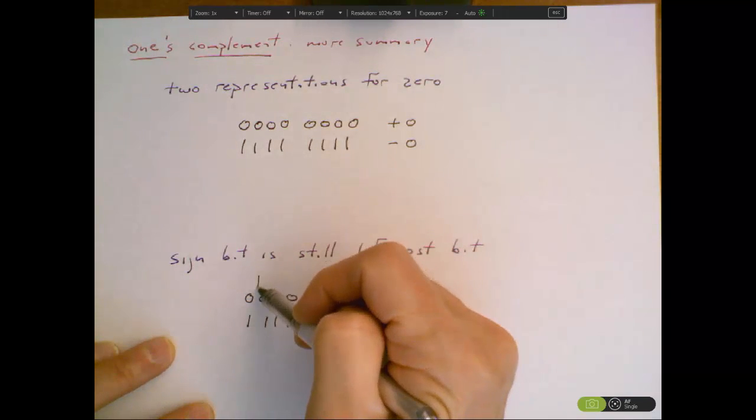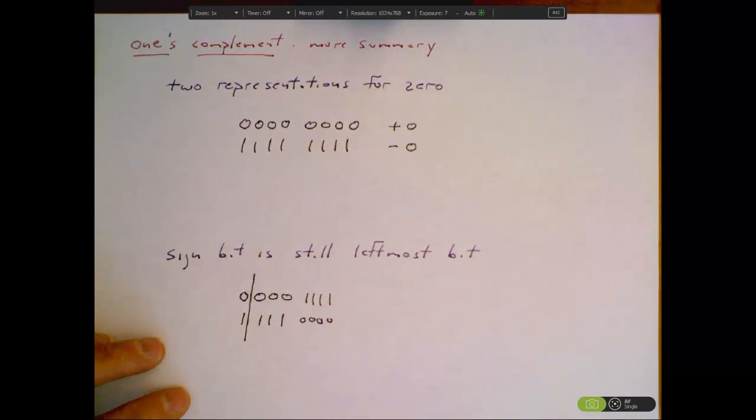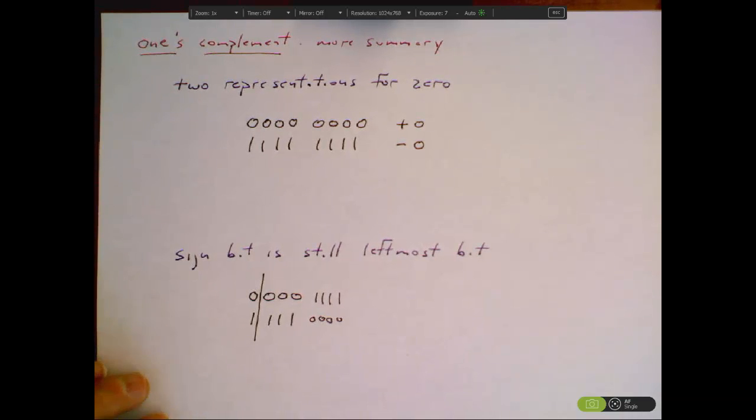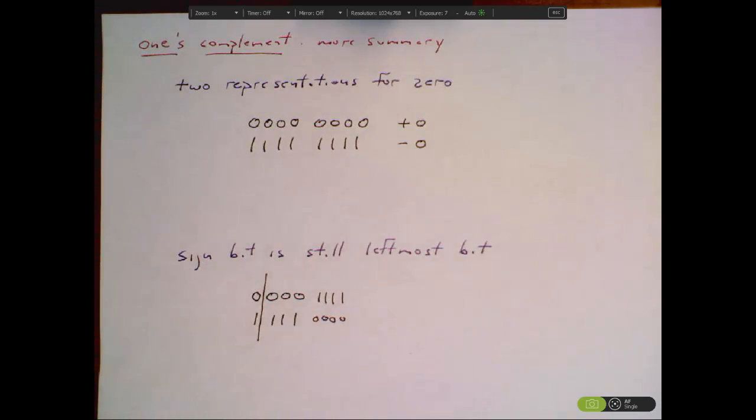So it's still the case that this bit position is in effect a sign bit, but what's interesting about 1's complement is we go ahead and add that sign bit and manipulate it during arithmetic to get the right answers.